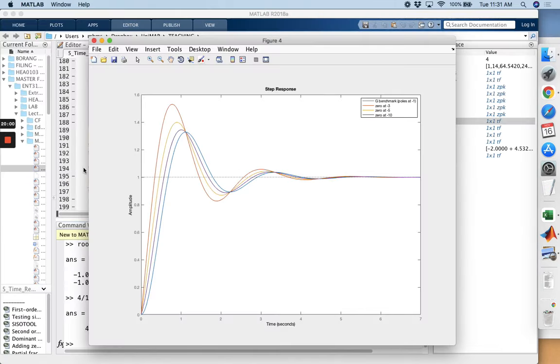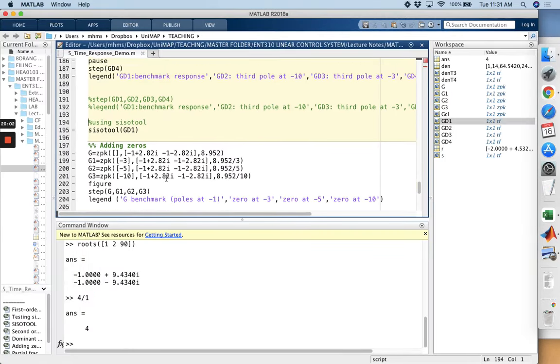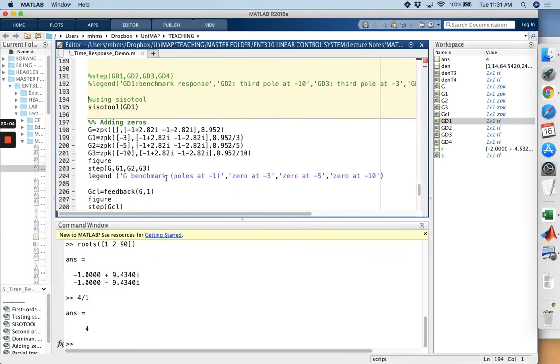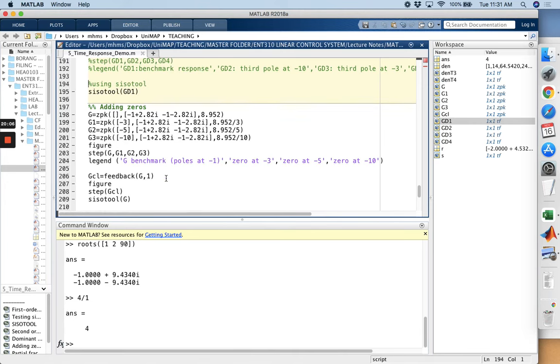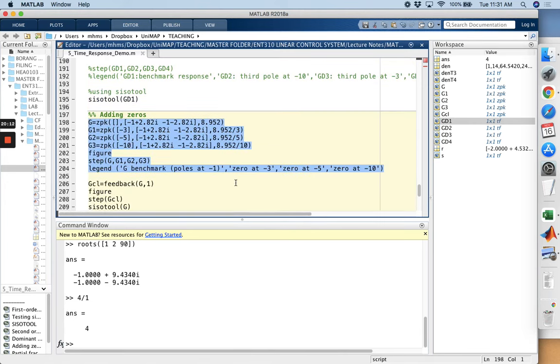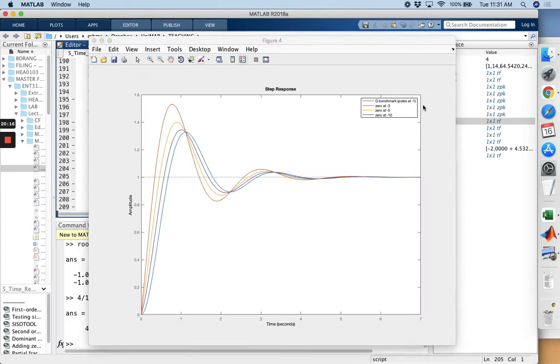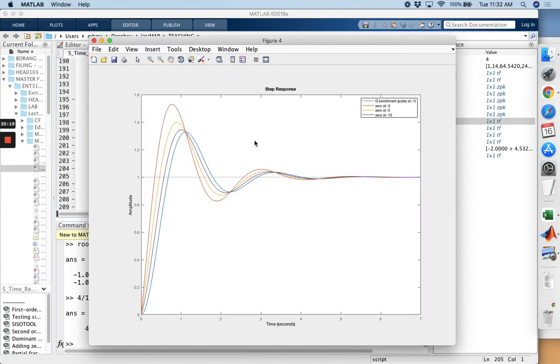So how do I plot this? This is how I plot these 4 transfer functions in the same plot. We can see here the blue line is a second order system with no zeros at all, and the pole is located at -1 plus minus j omega d.